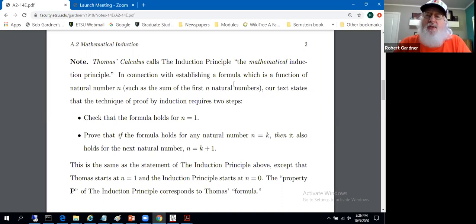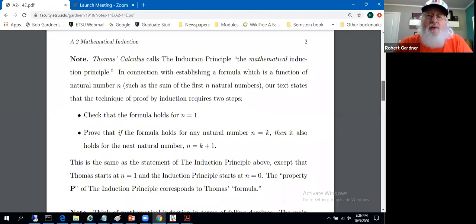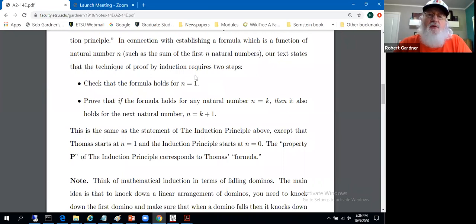In connection with establishing a formula, when formulas are, in a sense, functions of a natural number, Thomas states that the technique of proof by induction requires two steps. First, check that the formula holds for n equals 1.